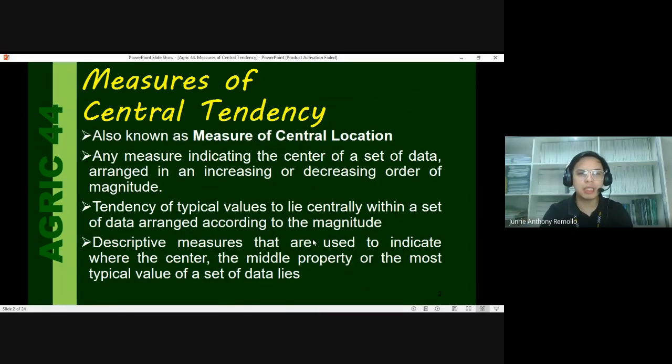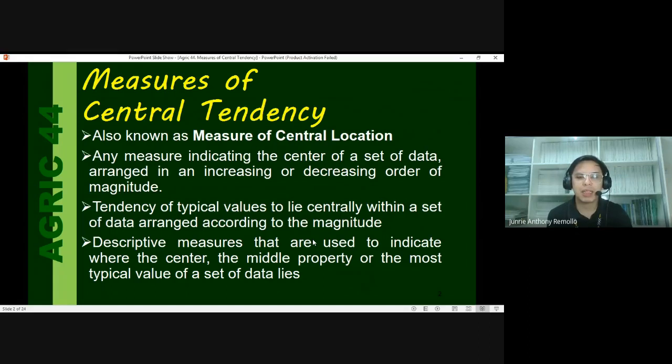So measures of central tendency is also known as the measure of central location, and it is any measure indicating the center of a set of data arranged in an increasing or decreasing order of magnitude.